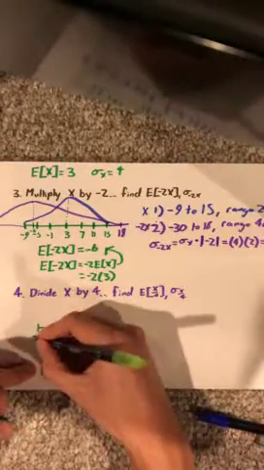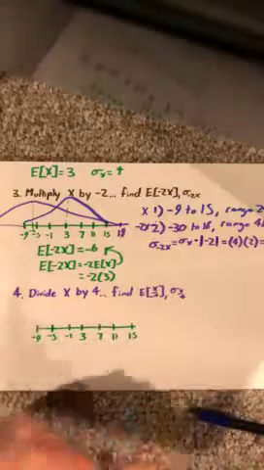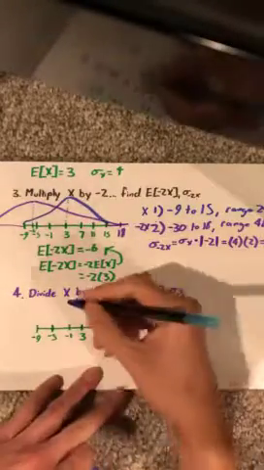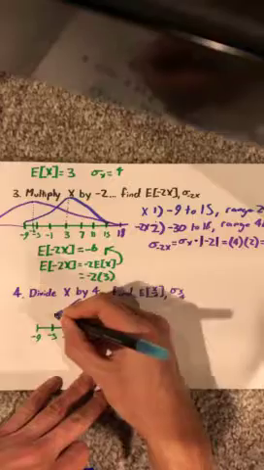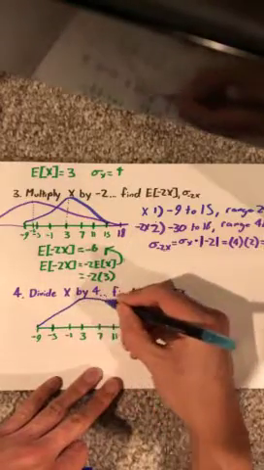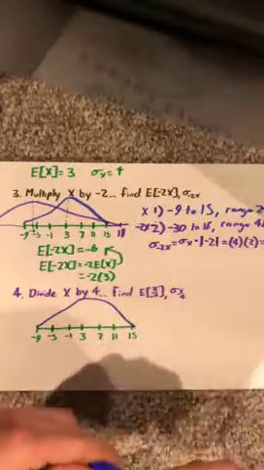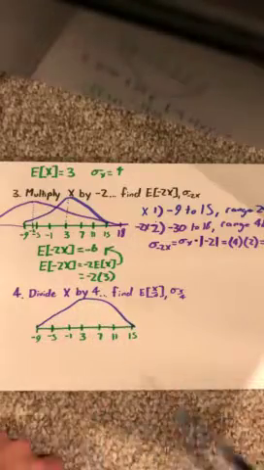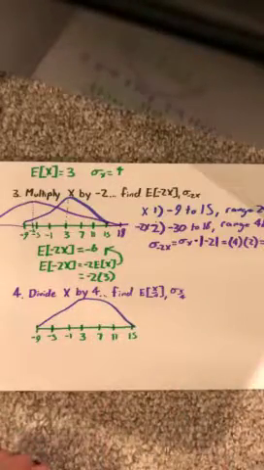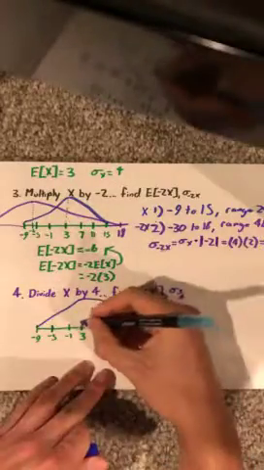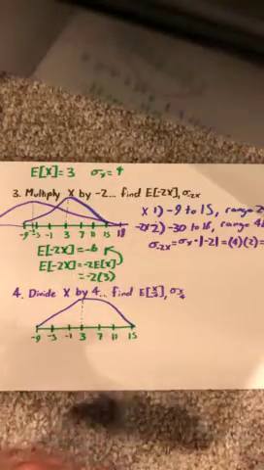So we know that our distribution of x is going to be centered at 3, and most of it's going to be between -9 and 15. It's an ugly looking graph, but there it is. So we know that it's centered at 3, because that's what they told us.